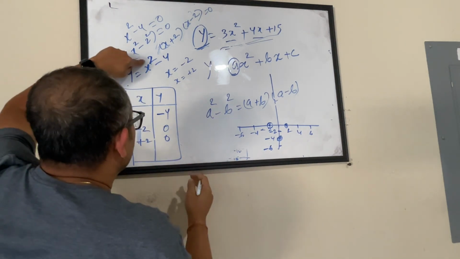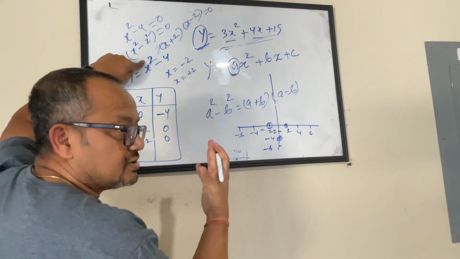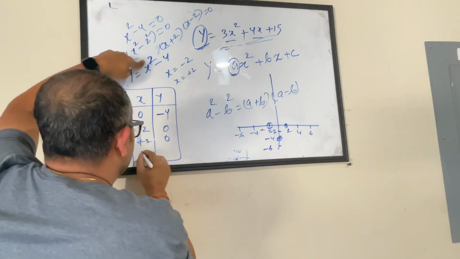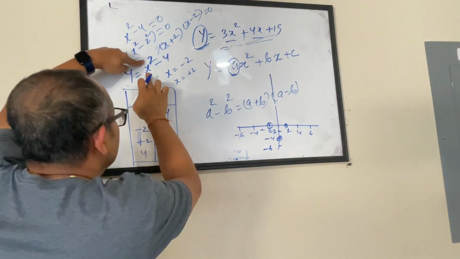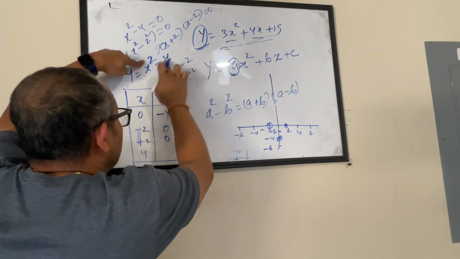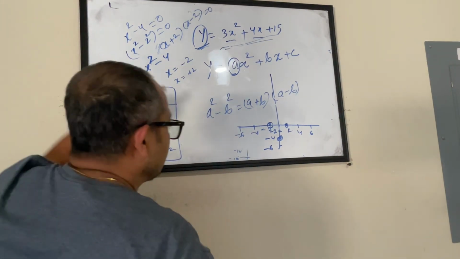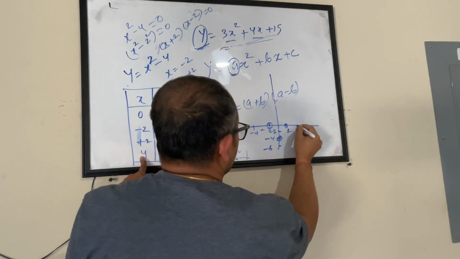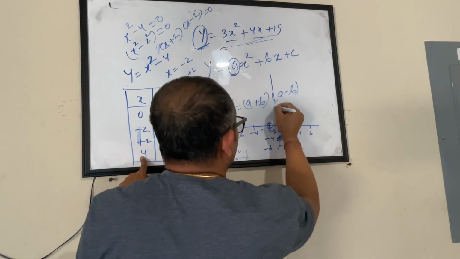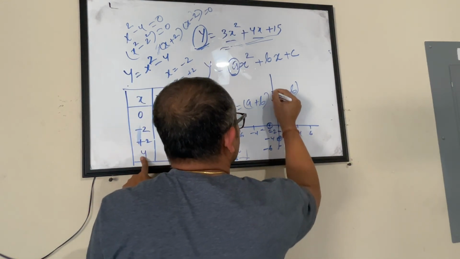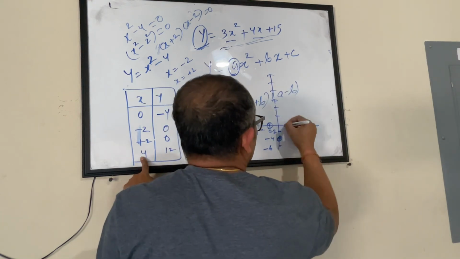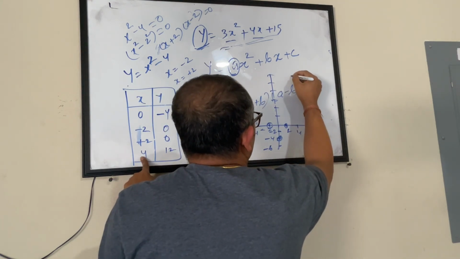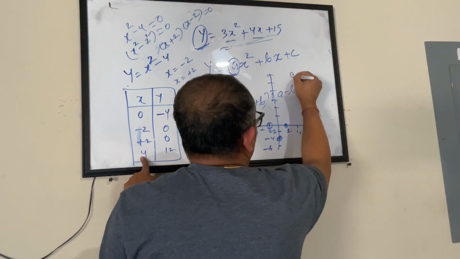Now you can say, okay, fine, let me put x equals 4. When you put x equals 4, this will be 4 squared minus 4. So 16 minus 4, 12. When x equals 4, y equals 12. So let's say 2, 4, 6, 8, 10, 12. You got 4 and 12.